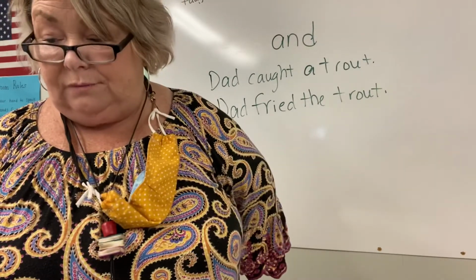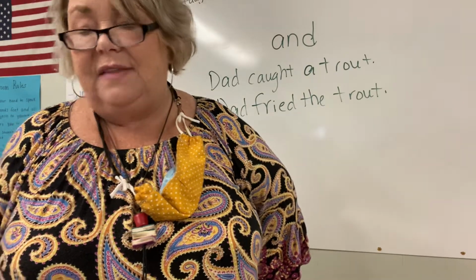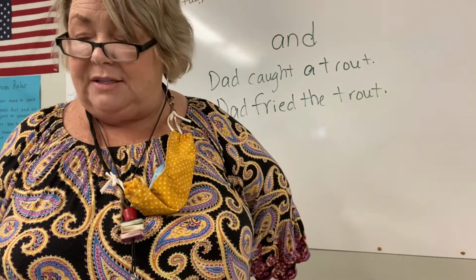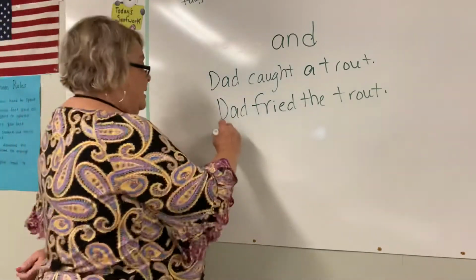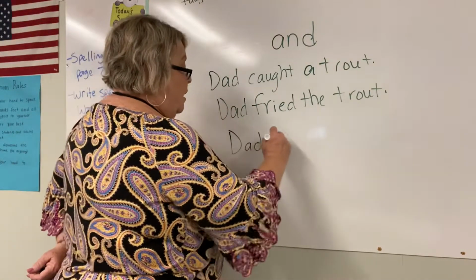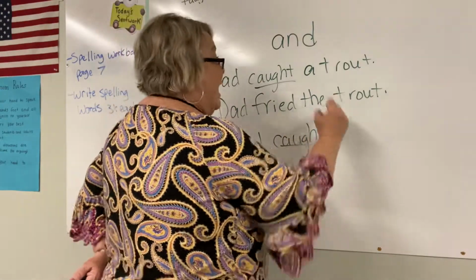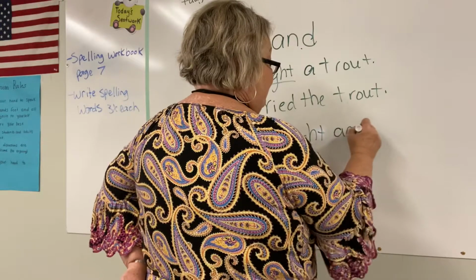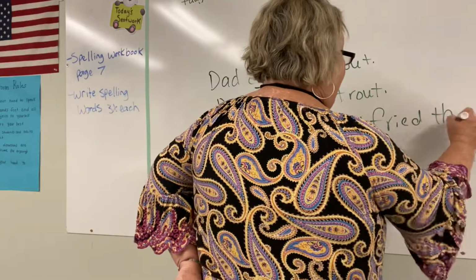Dad caught a trout and fried the trout. Except you wouldn't have to say the trout two times because they're the same, and so is Dad. So what we would say is, Dad caught, there's that word, and, there's that word, fried the trout.